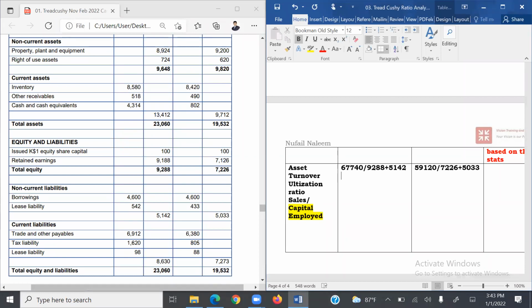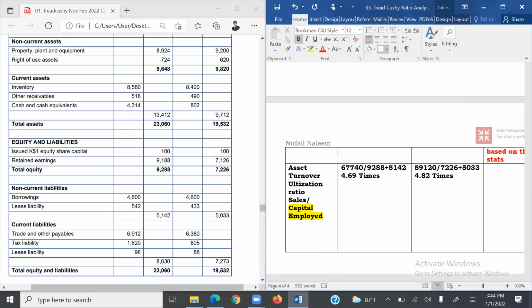So 67,740 divided by 9,288 plus 5,142, it's going to give you 4.69 times, because your sales multiplication factor is very high compared with your asset factor. Once again, 59,120 divided by 7,226 plus 5,033 gives you an answer of 4.82 times, students.